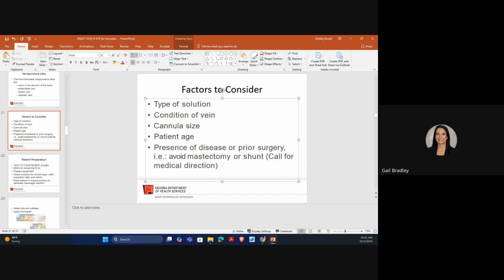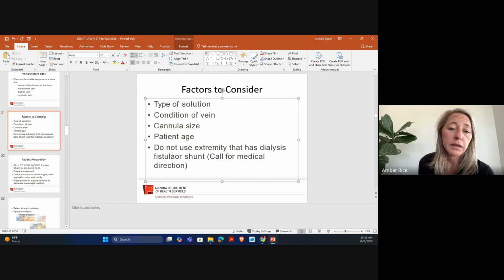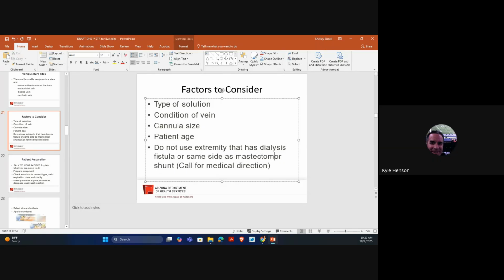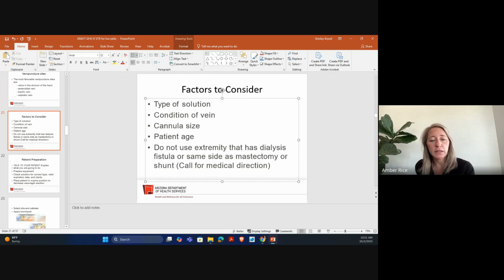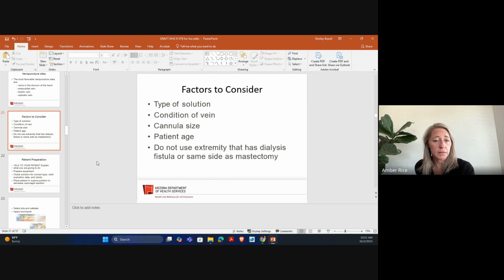Just delete that whole bullet, Shelley, and reword to say, do not use extremity that has dialysis fistula or same side as mastectomy. Yeah, I like that. Do we want them calling medical direction? I think that's still a little confusing. Yeah, I think we can delete that. Okay, cool. Thank you, guys.